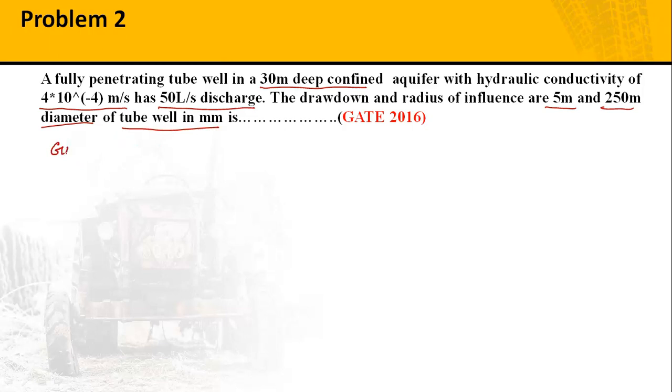So first write the given data. Hydraulic conductivity K is equal to 4 into 10 to the power of minus 4 meter per second and discharge Q is equal to 50 liter per second.